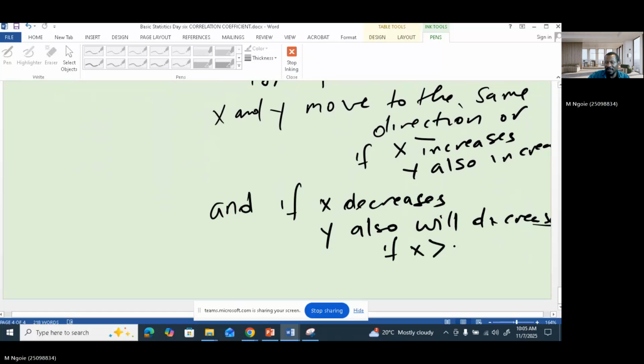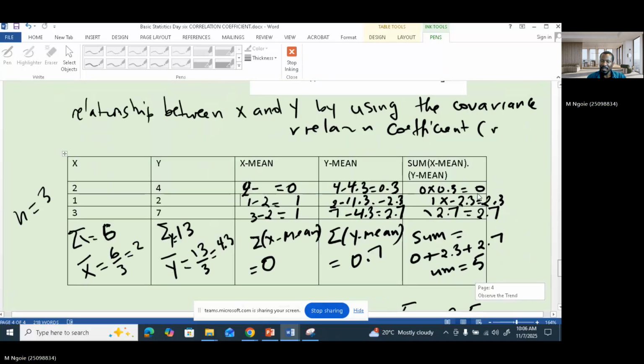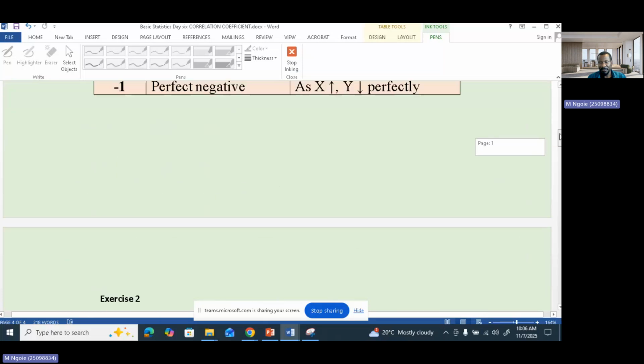If x is going up, y also will go up, and if x goes down, y also will go down. Basically, this is the meaning, right?